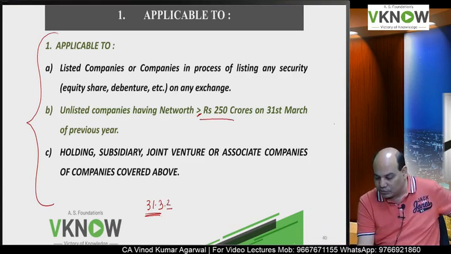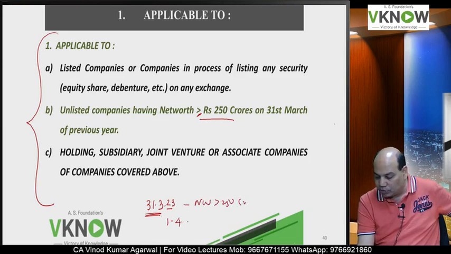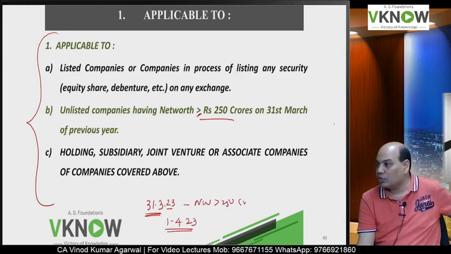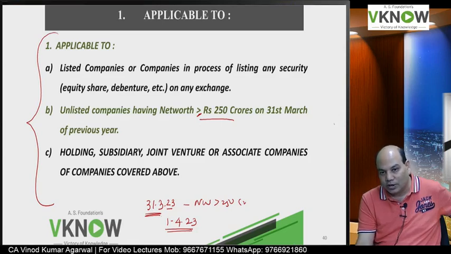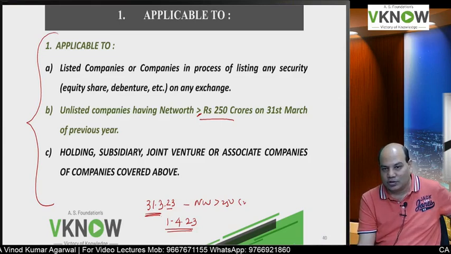So suppose it is 31st March 23 and your net worth is greater than 250 crore, then from 1/4/23 you have to apply Ind AS. Is it right? So the company will have to apply Ind AS immediately from the next year.